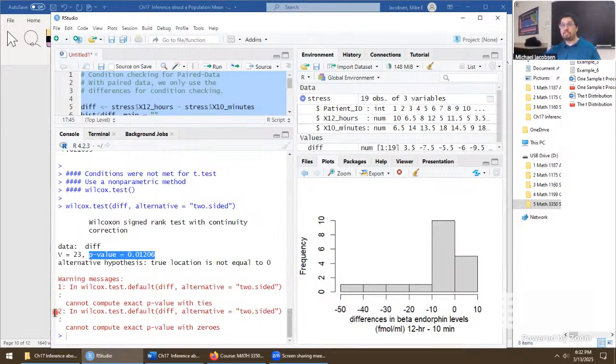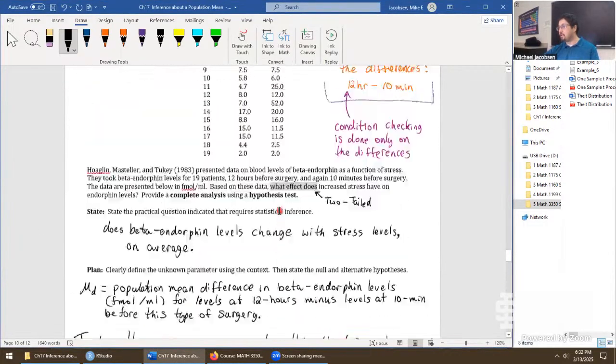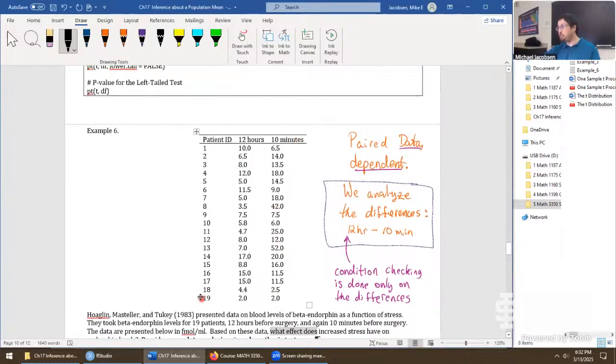There are warnings down below. It says, cannot compute exact p-value with ties, cannot compute exact p-value with zeros. Well, ties would be because some of our differences were the same. The 0 came from this patient. They had a 0 value whatsoever, so it wasn't above or below 0.